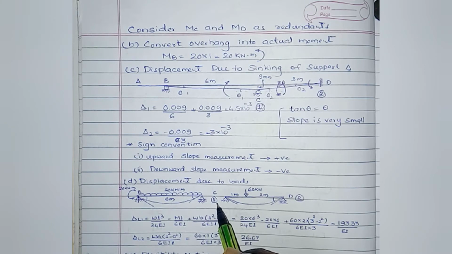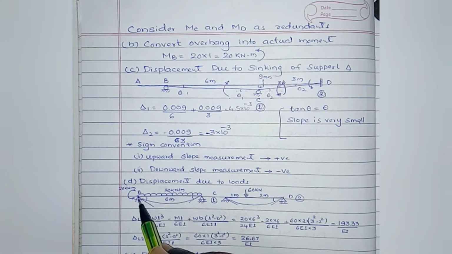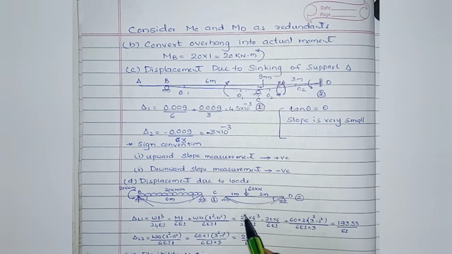Then this one is coordinate 1. Due to this, it will undergo deformation due to the applied load. Here these two are the loads. One is 20 kilonewton per meter UDL and another one is this moment, that is 20 kilonewton meter hogging bending moment. Here it will undergo deformation like this due to the applied load.